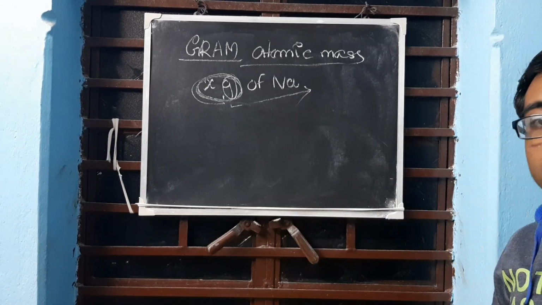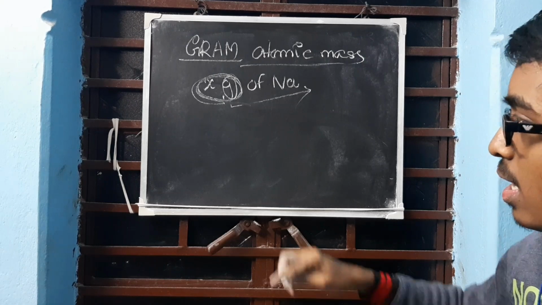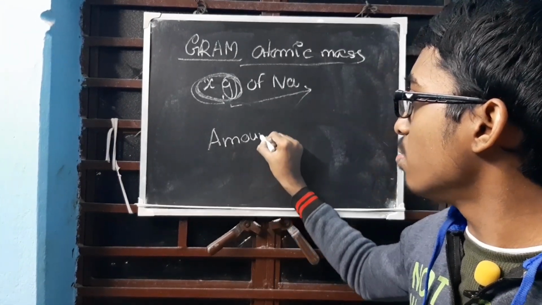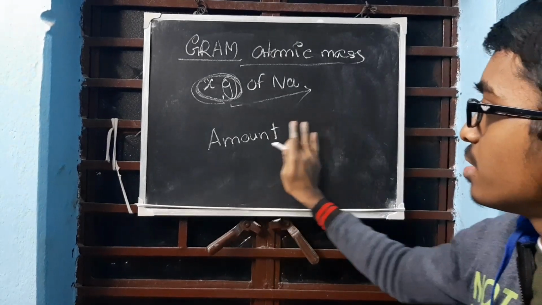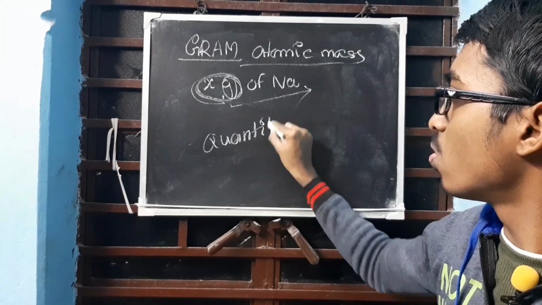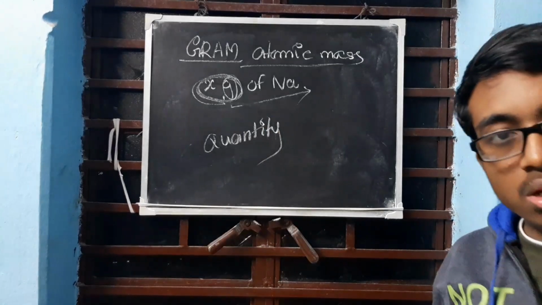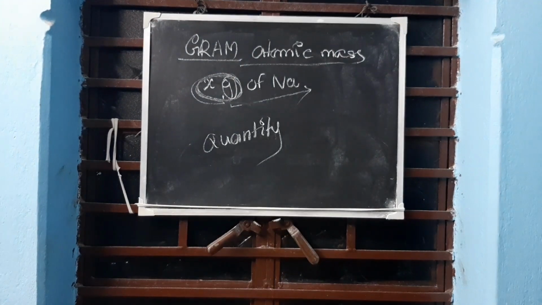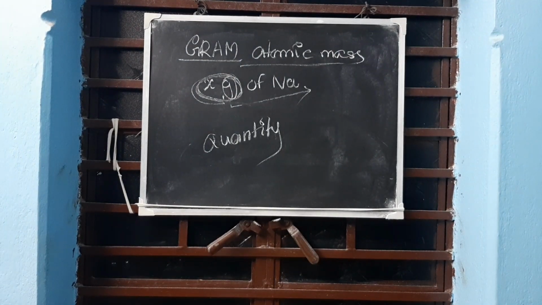So what exactly is this gram atomic mass? It is the amount. Do not write amount, it will not sound very good. It is the quantity of an element whose weight in grams will be numerically equal to the atomic mass of that element.